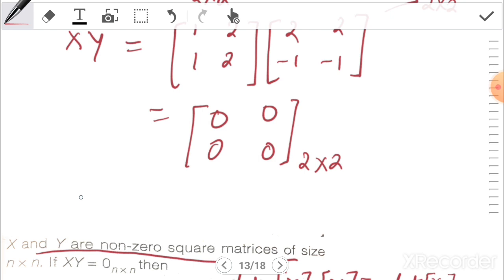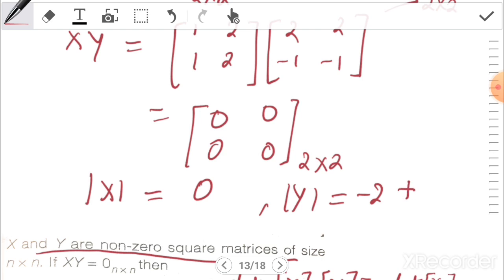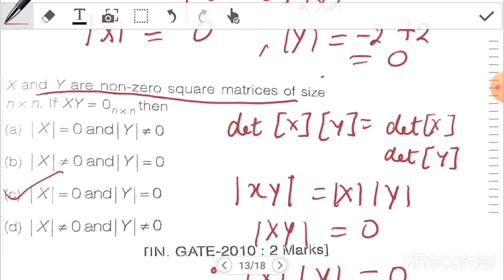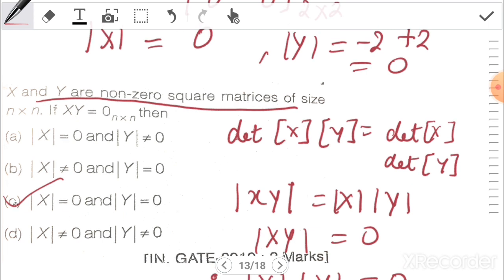Now let's find determinant x, 2 minus 2, 0 and determinant y, which is again minus 2. Minus of minus 2 means plus 2 is equal to 0. Okay, verified. Answer is C.